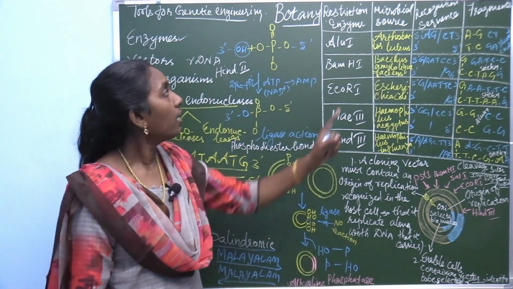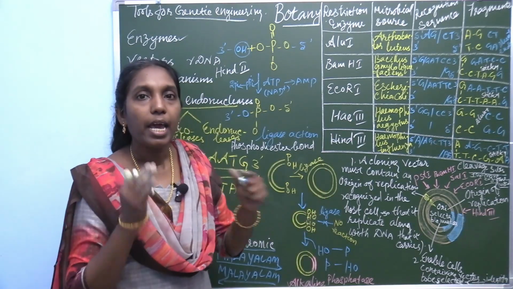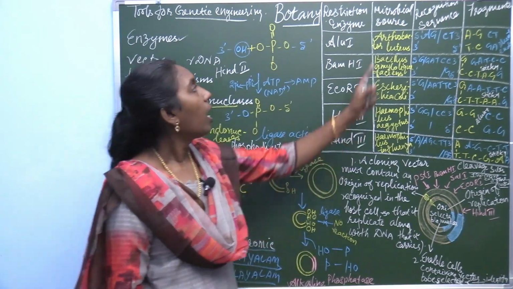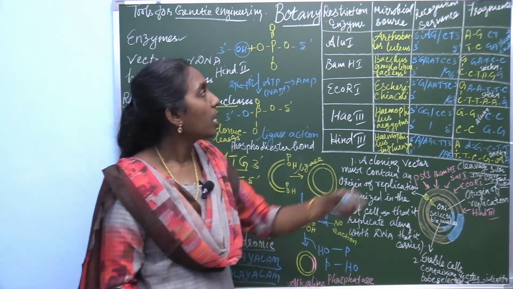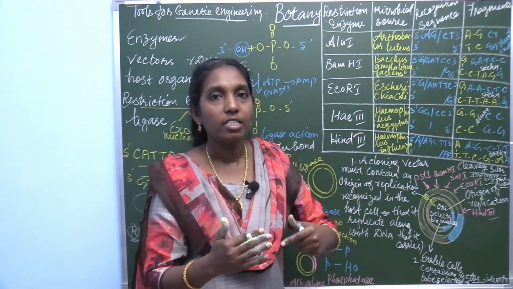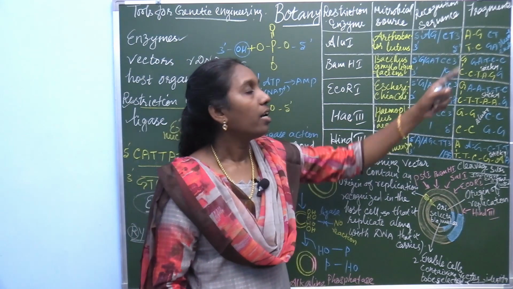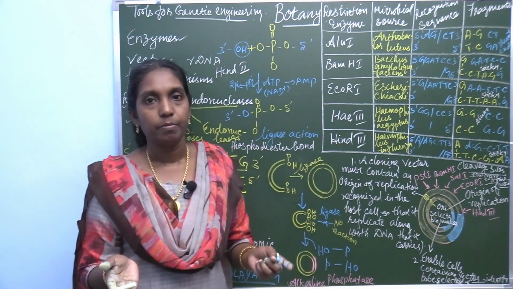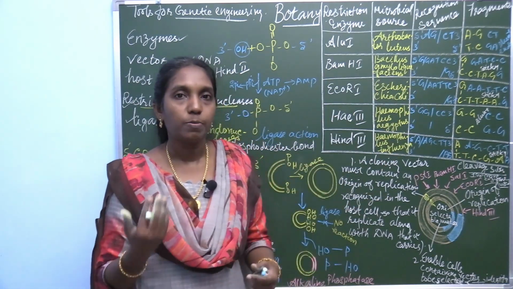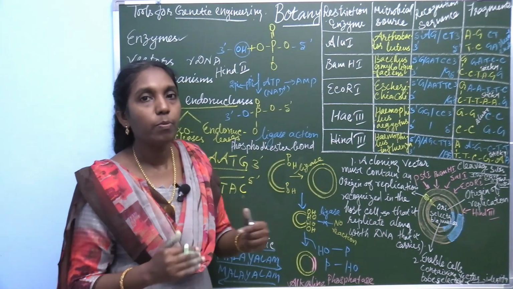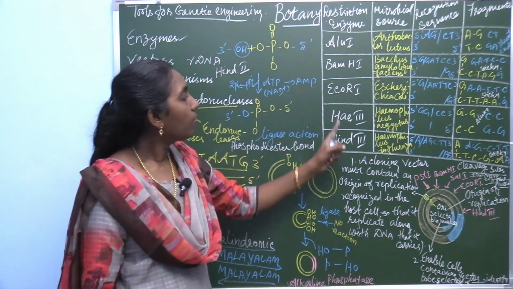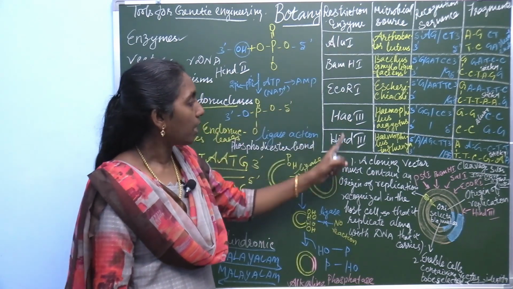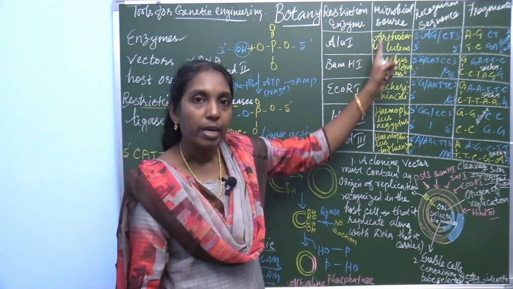It shows the name of the restriction enzyme, the microbial source, the recognition site, and the fragments. From this table you may expect some one-word questions, so you have to prepare it. First learn these types and the microbial sources.